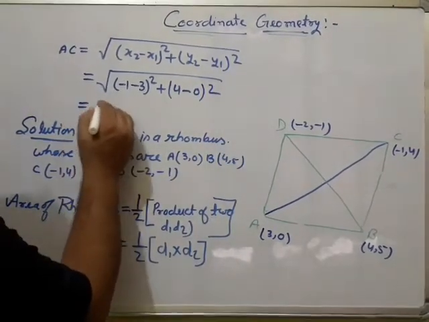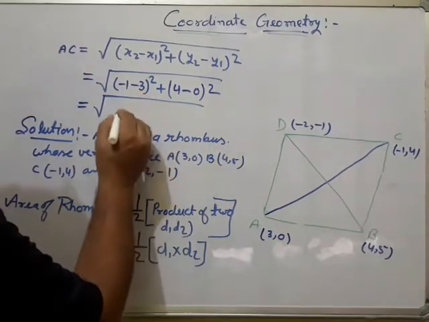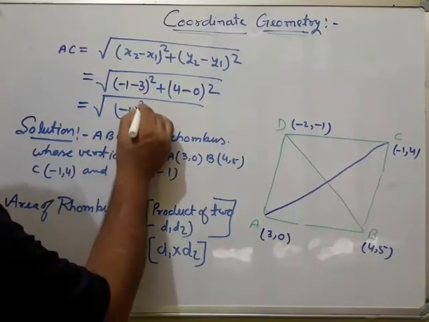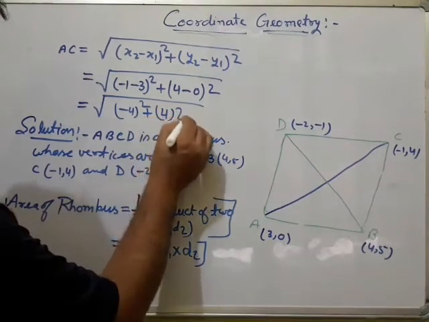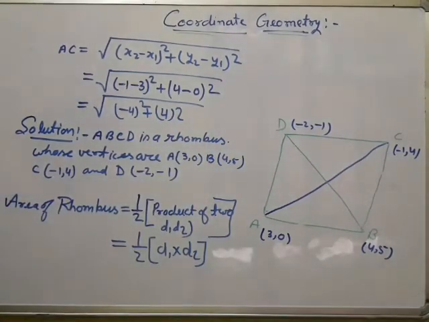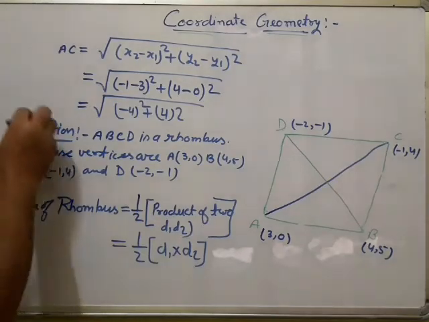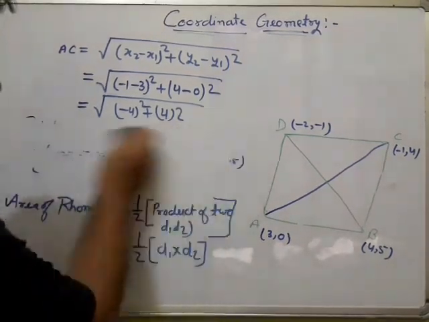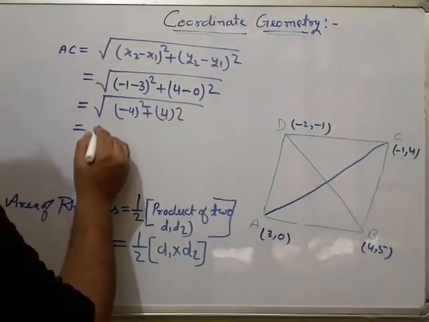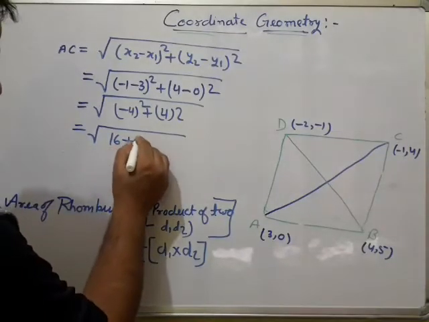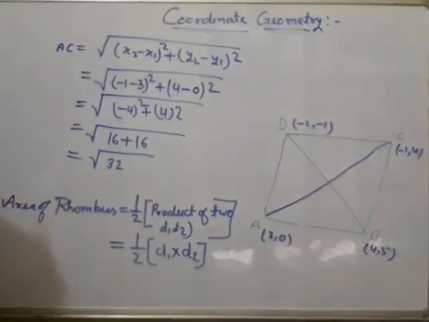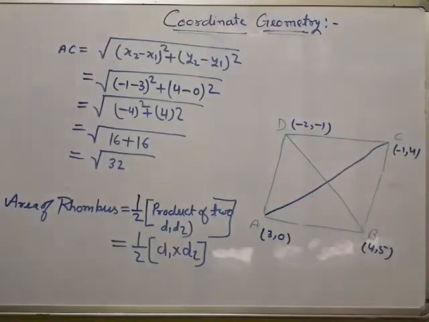So what we get here: (-1 - (-3)) is... whole square plus 4 whole square. Clear? So what we find here: under root 16 plus 16, we get 32.